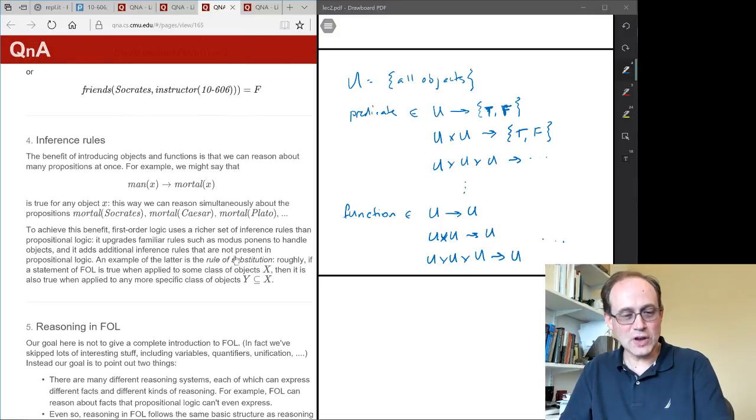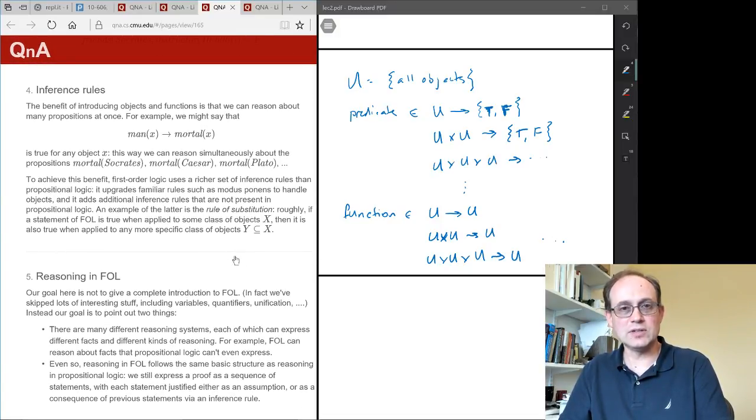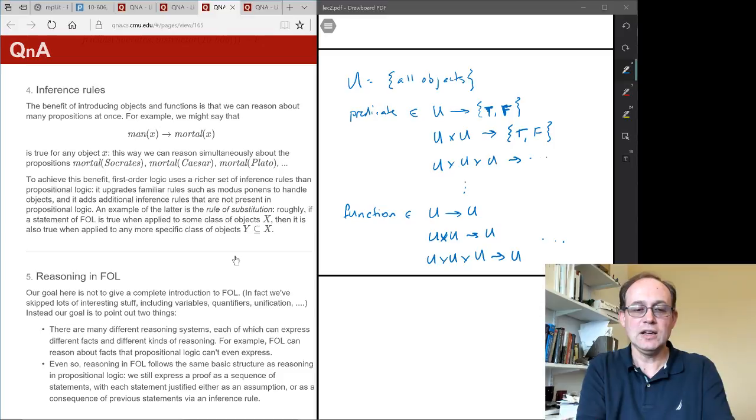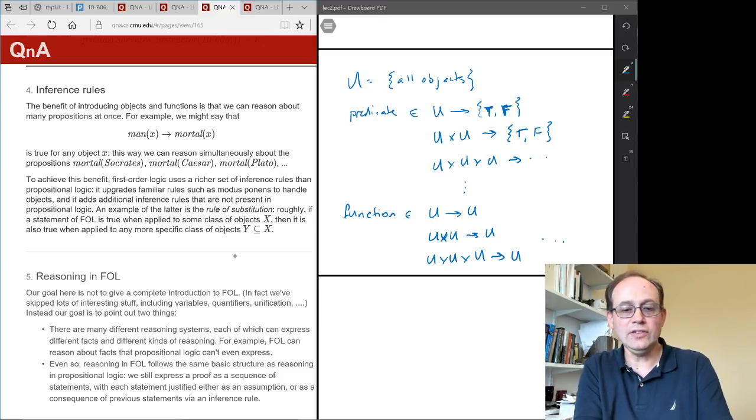All right, so why have we introduced all of this extra complexity? The reason for it is basically to let us reason about many different propositions all at once. So instead of reasoning separately about mortal of Socrates, mortal of Caesar, mortal of Plato, right, we can reason about all of them at once. So we might say that, for example, for any object x, if x is a man, then x is mortal.